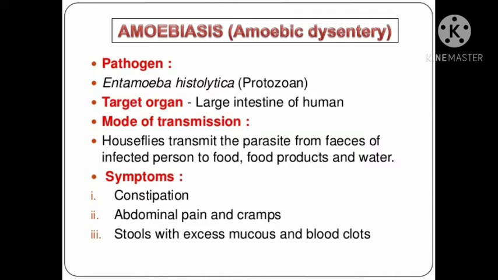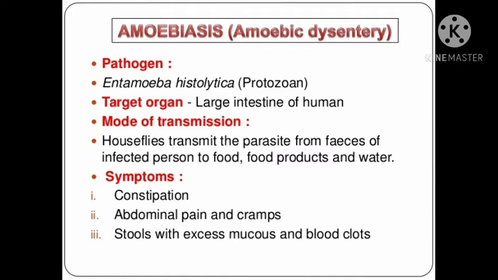food products and water. Once this pathogen enters the large intestine, it results in symptoms such as abdominal pain and cramps, also constipation. In serious cases, stools with excess mucus and blood clots could be seen, which are the symptoms of amoebic dysentery.